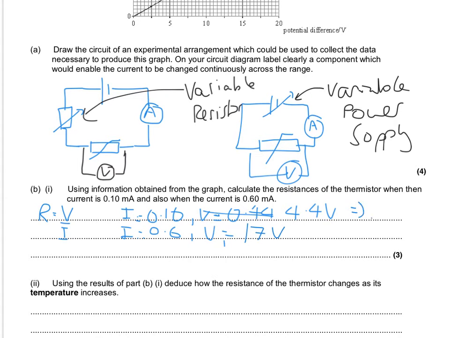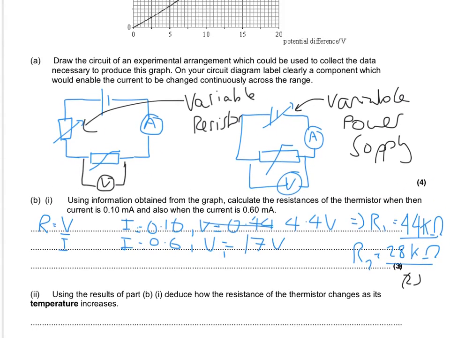So R1 is going to be 44 kilo ohms, remembering the current was in milliamps, and R2 is going to give us around about 28 kilo ohms when you put the numbers in there and give your answer to two significant figures, which would be appropriate here. And just as a quick side note, this question wasn't out of 3, it was out of 2, for getting those two things correct.